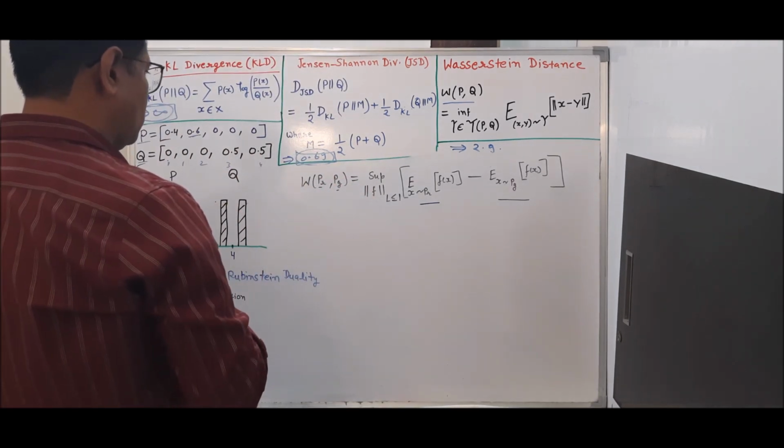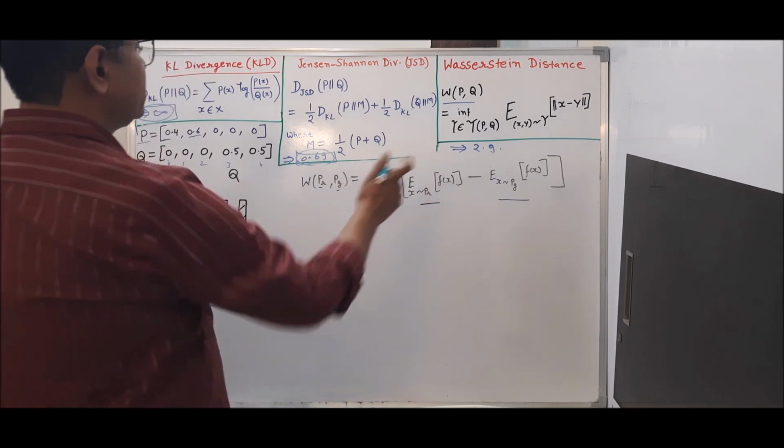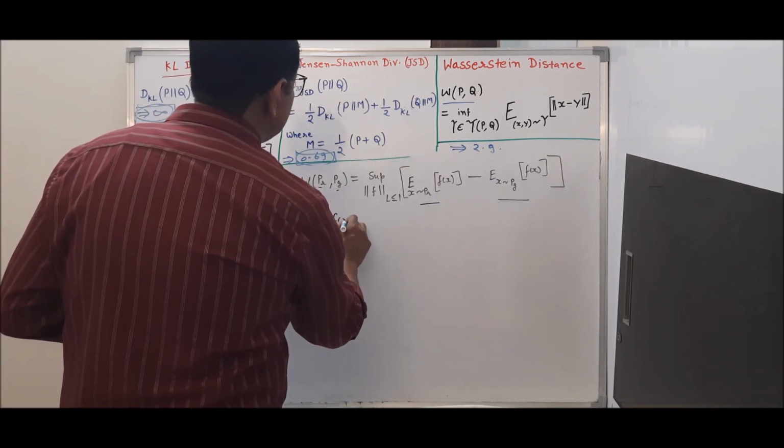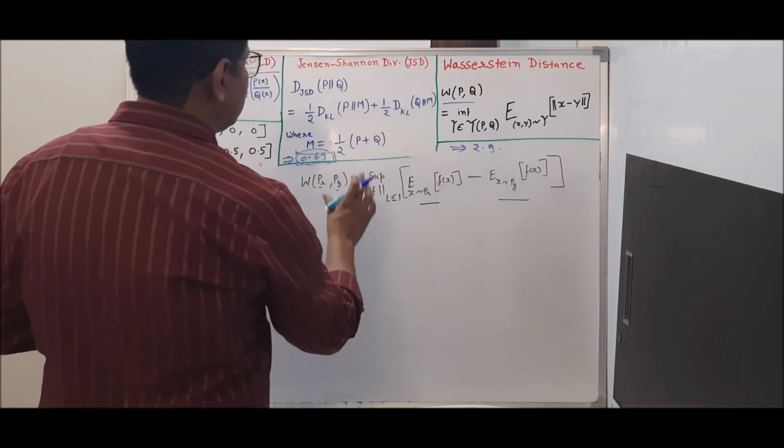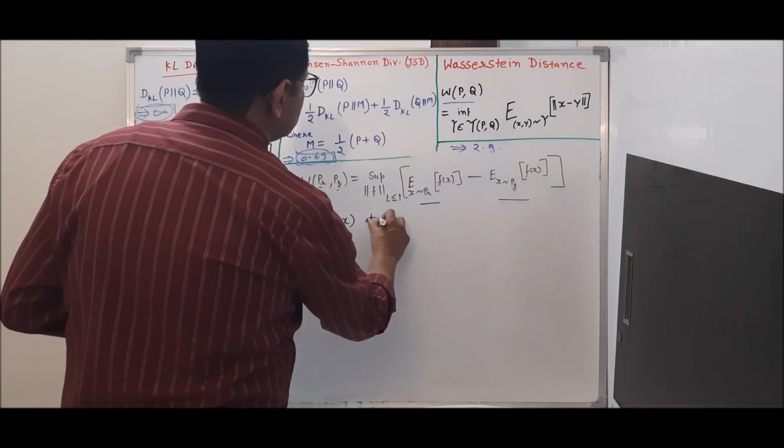Now what is the role of the one-Lipschitz function? The one-Lipschitz function says that the difference between two f(x) values which are adjacent to each other may be at most 1.